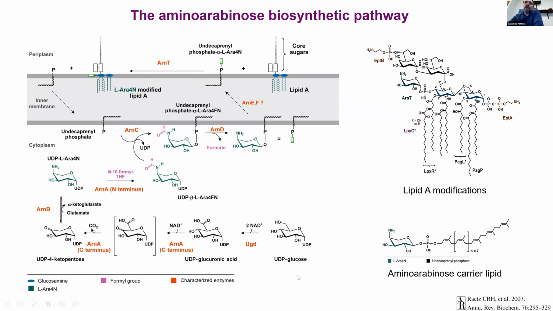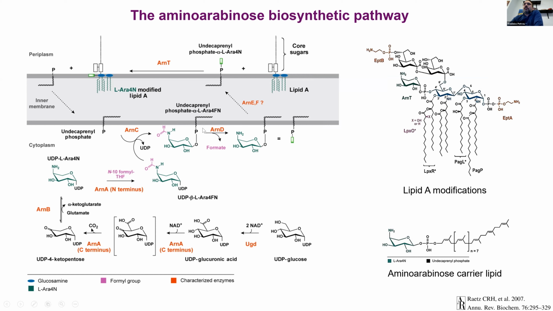And we have a complete biosynthetic pathway that operates in gram negatives to synthesize this sugar. The first part of the pathway is cytoplasmic, which is the synthesis of the sugar. Then the sugar gets loaded on undecaprenyl phosphate, which is the universal sugar carrier in bacteria.